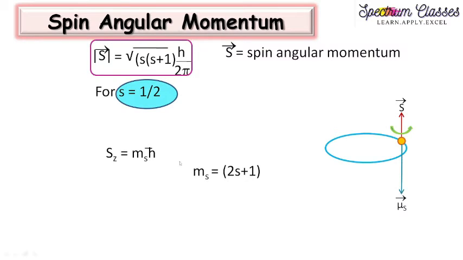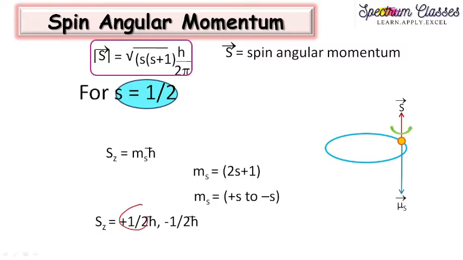This ms has 2s plus 1 values. If I put s equal to 1 by 2, I will get two values for this ms. What will these two values be? ms has values from plus s to minus s including 0. So two values, if s is equal to 1 by 2, are plus 1 by 2 and minus 1 by 2.